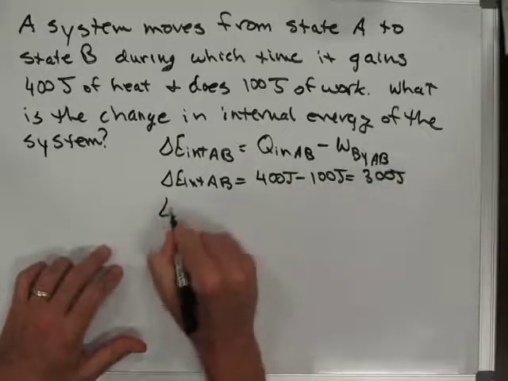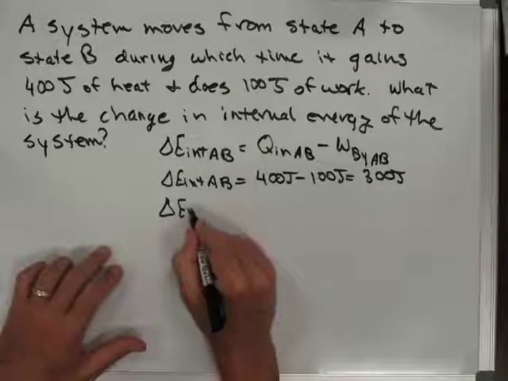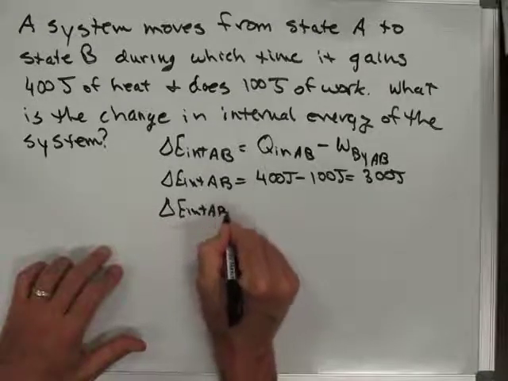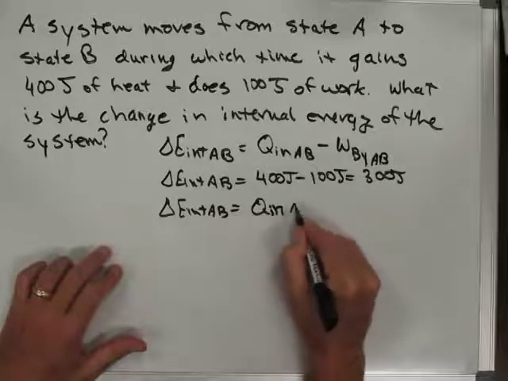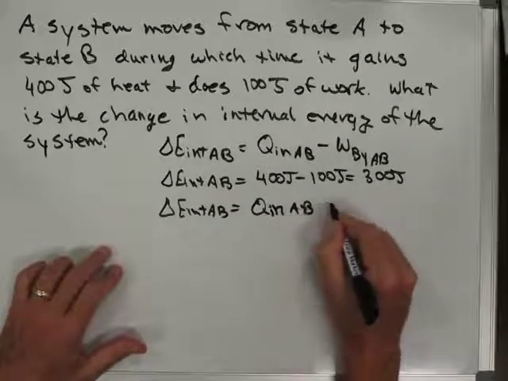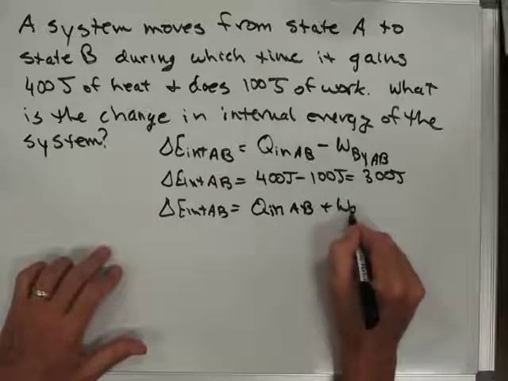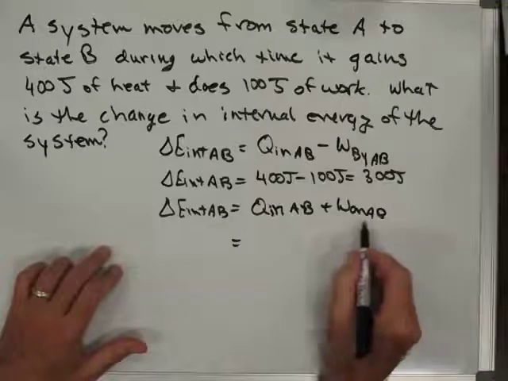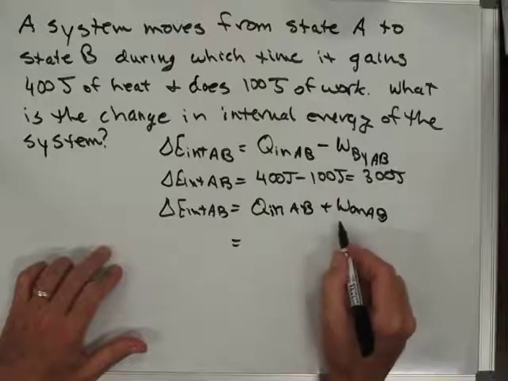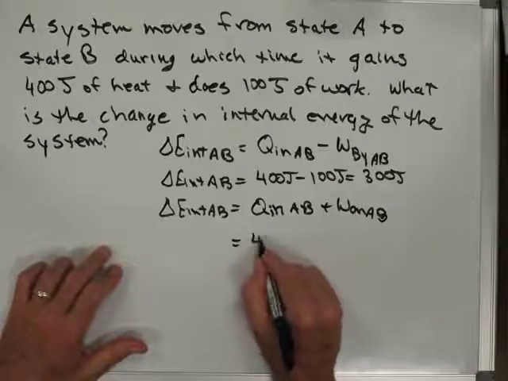Just for completeness, I'll just write this equation the other way. So instead of saying minus the work by, I can say plus the work on. So it's 400 joules.